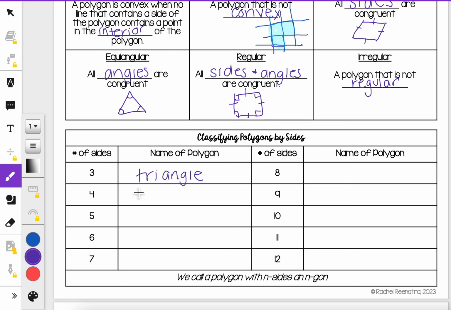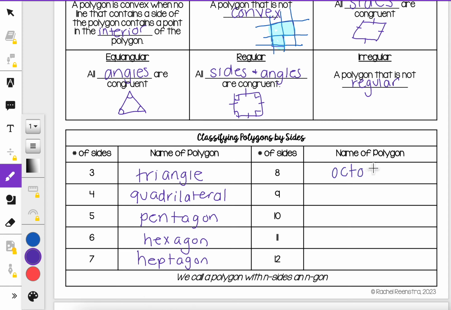If we have 4 sides, that's a quadrilateral. 5 sides is a pentagon. 6 sides is a hexagon. 7 sides is called a heptagon. 8 sides is an octagon. 9 sides is a nonagon. 10 sides is a decagon.